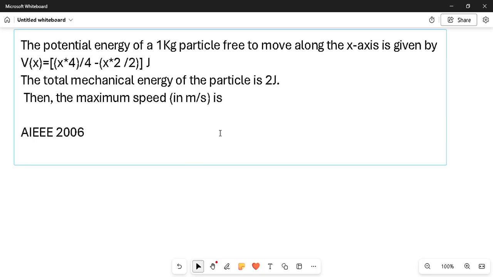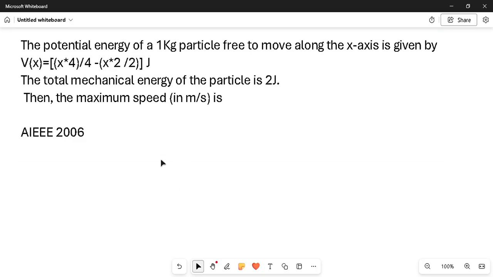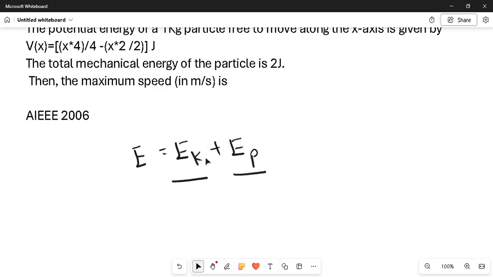Why? Because from the energy conservation rule, total energy E is equal to Ek plus Ep, where Ek is the kinetic energy and Ep is the potential energy. If we find the minimum potential energy, we can find the maximum kinetic energy, and then the maximum speed.